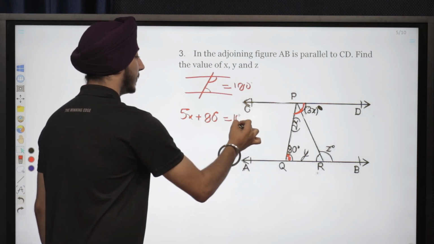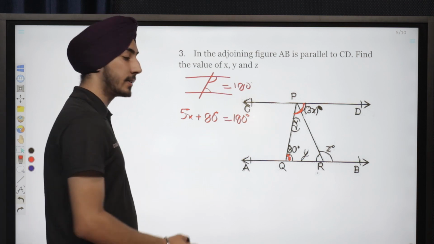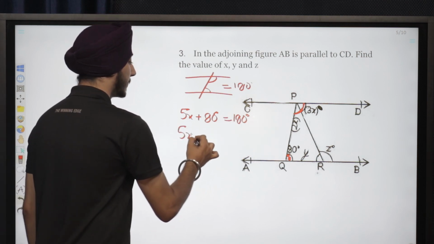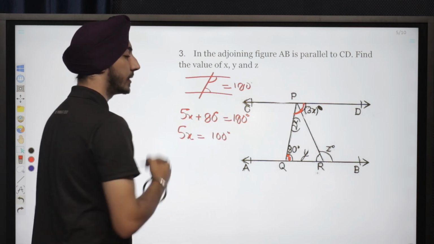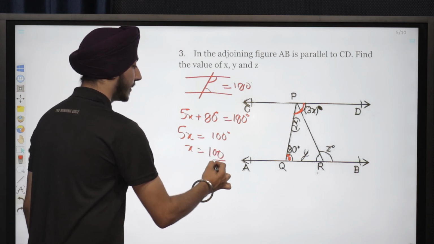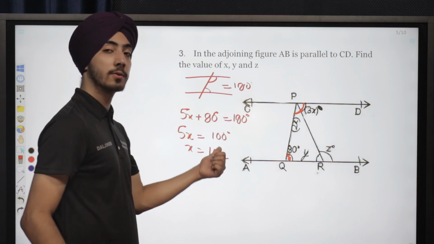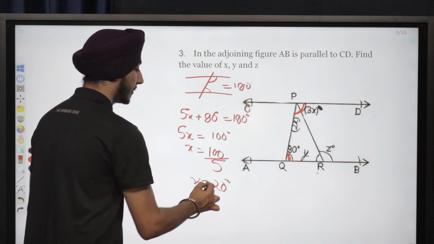This will give you sum 180. Plus 80 will go on to the other side, it will become minus 80. From 180, if you subtract 80, it will give you 100 degrees, right? X will be 100 upon 5, and 5 how many times gives you 100? 5 twenties give you 100. So the X value comes out to be 20.